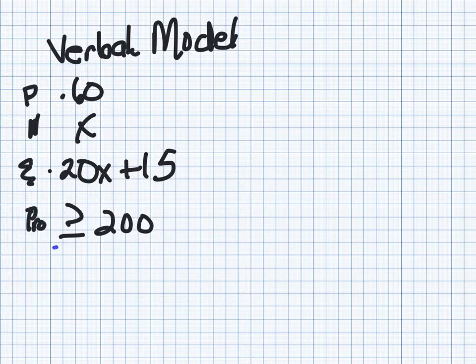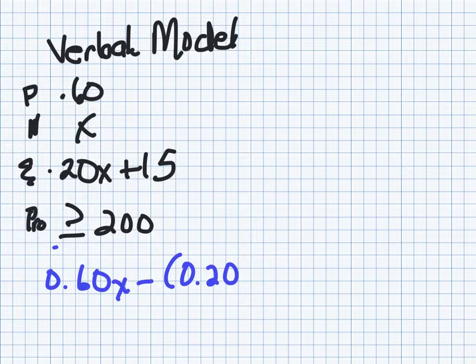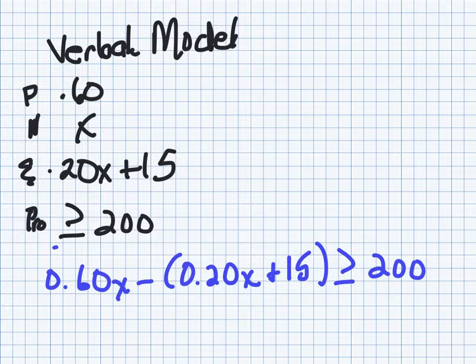So this was the price, this is the number we're selling, this is the expenses, and this is the profit. So to put that into an algebraic model, we'd have 60x minus, and in parentheses, 0.20x plus 15 greater than 200.